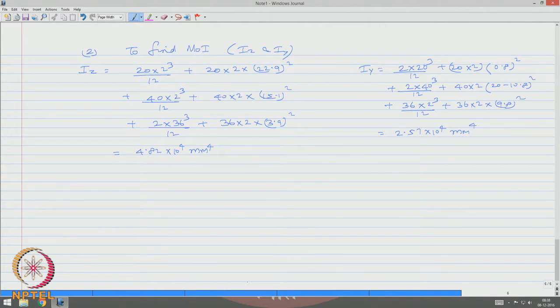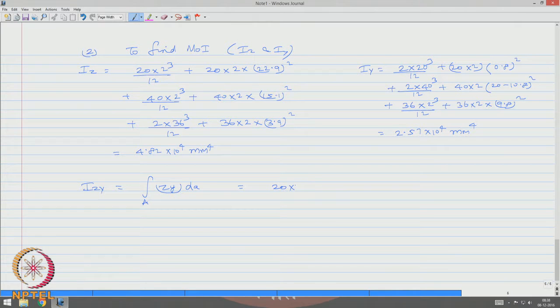I can also find I z y. I z y is summation z y d A for the whole area. So, let us do it.